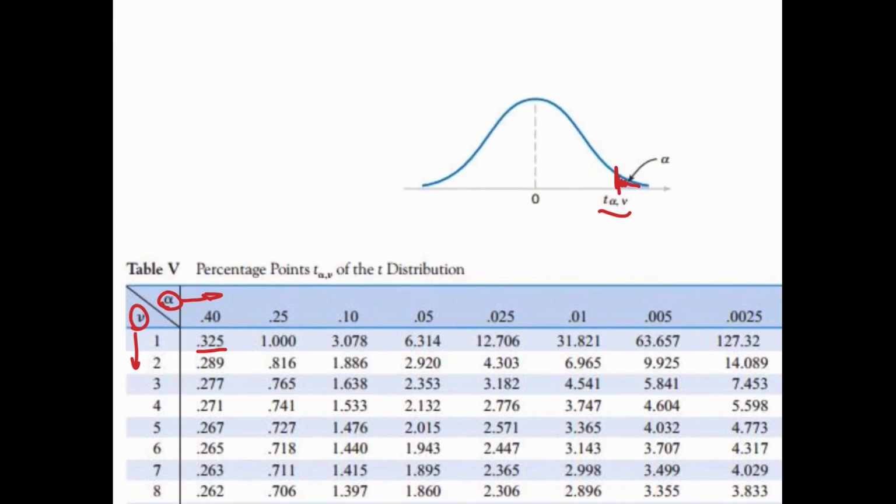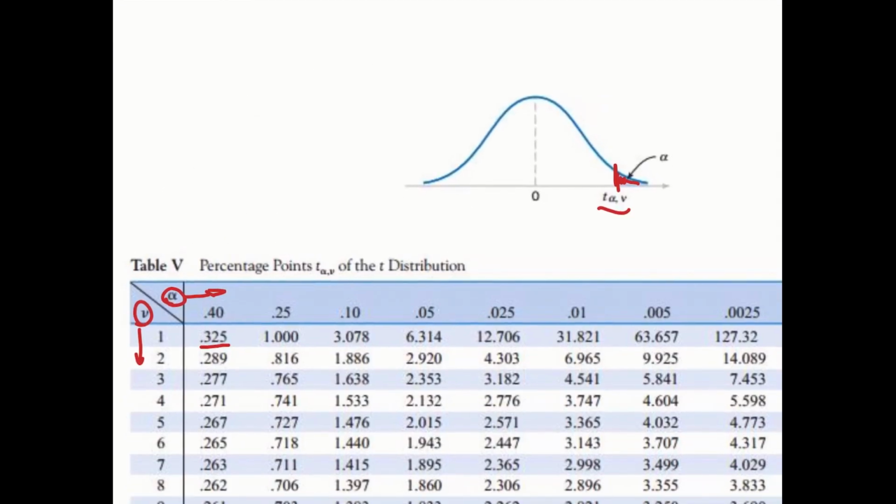So probability of t greater than 2.365, that means, if you think about the t-distribution graph, 2.365, let's say, is here, and the area under the curve after that is the probability that we want to read, t greater than 2.365.